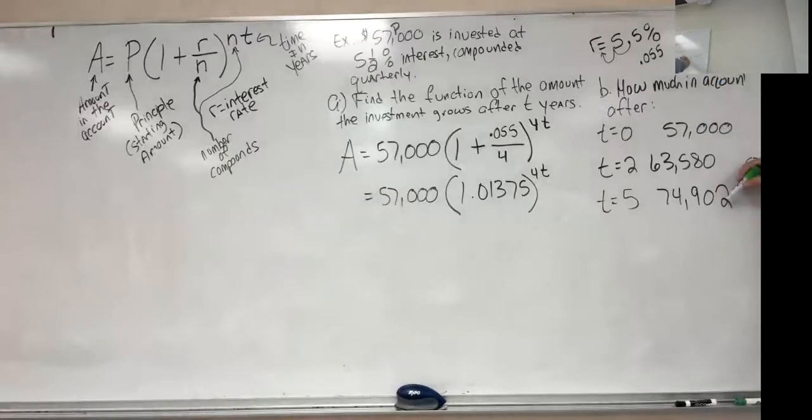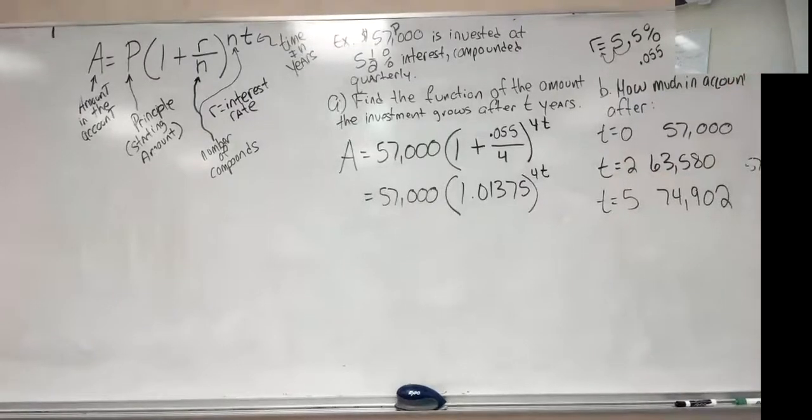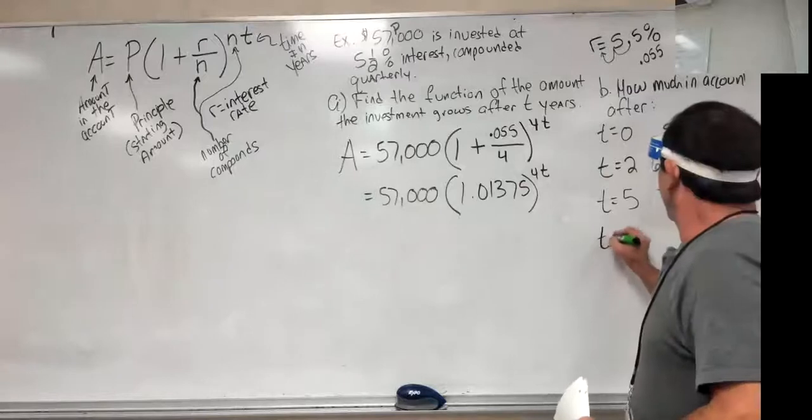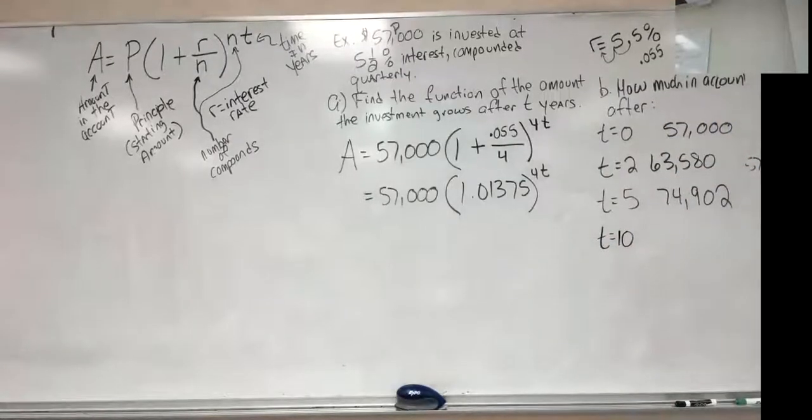After 5 years, I've already made a good $17,000 just by investing 57,000. Quite a bit, but still. Oh, that's right. The ones at the end of the class are continuous, and these are compounded quarterly and stuff. At the end, it's continuous compounding, so you see those are a little trickier.